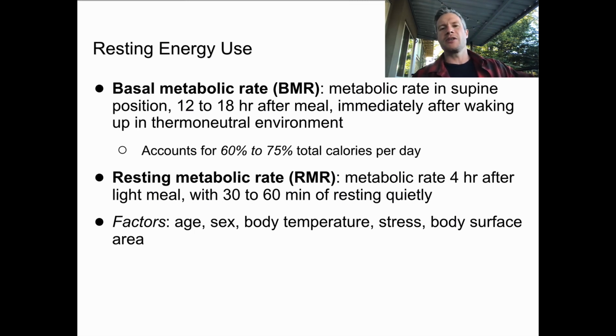Usually you stop eating at a certain time in the evening, then sleep, and once you wake up, you have your metabolic rate calculated. We'll find that about 60 to 70% of our total daily calories come from this fasting, resting, non-moving, recently woken state, accounting for about three quarters of our total daily intake.